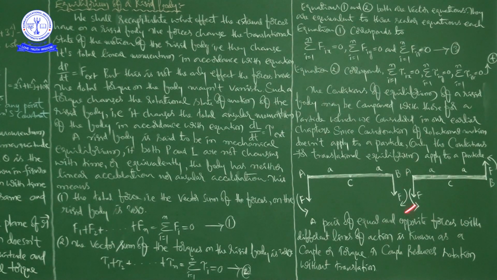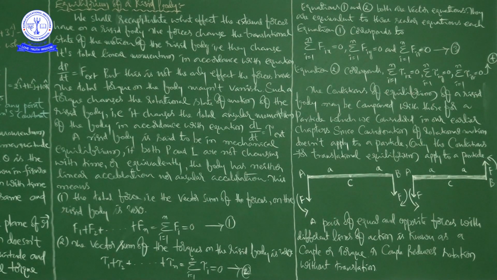Now, first you see this picture. It is a light rod AB of negligible mass, at the two ends of which act two parallel forces, both equal in magnitude and perpendicular to the rod. You can see this picture, right?